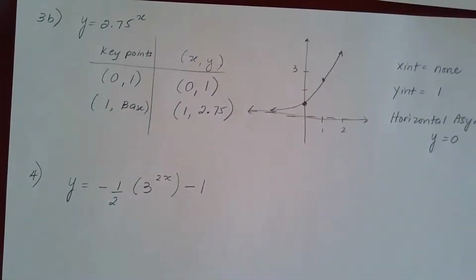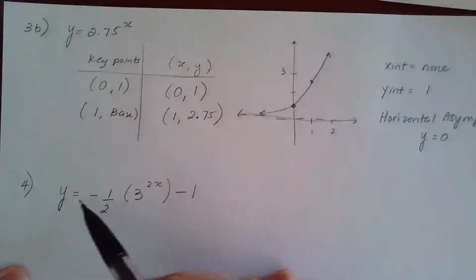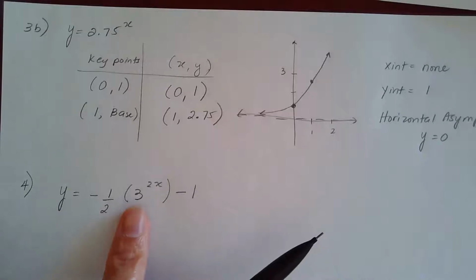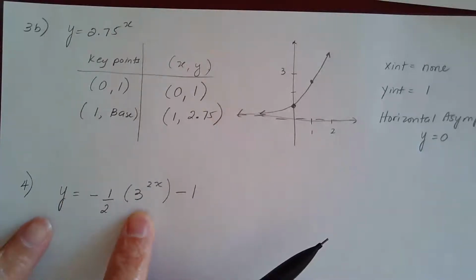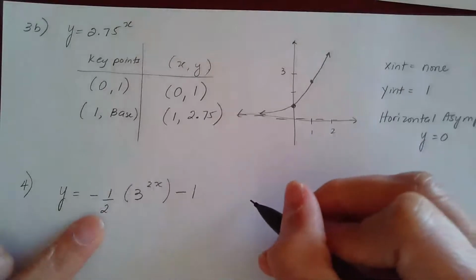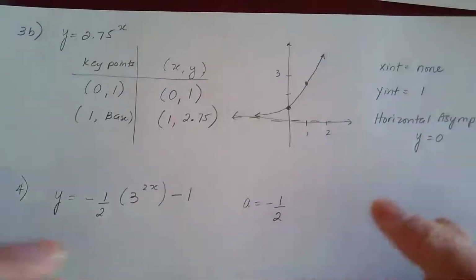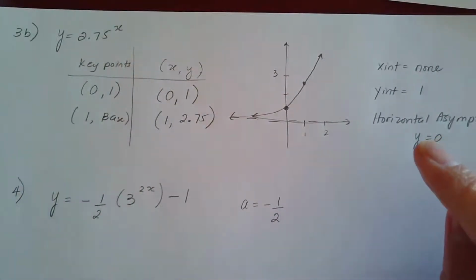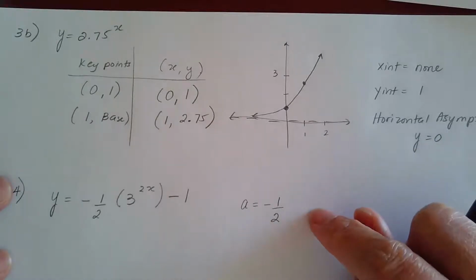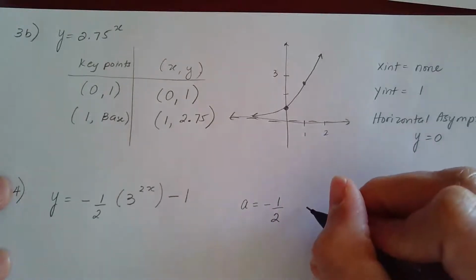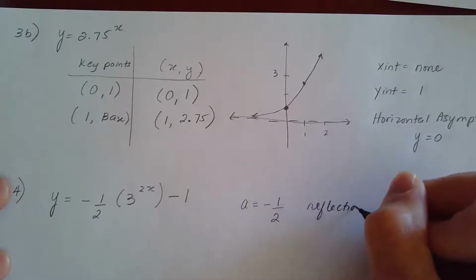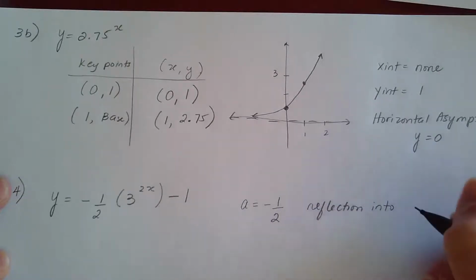Now, before I go on to this one, I want to say, well, what's going on in here? The basic exponential function is y equals 3 to the x. Now we have a equals negative 1/2. So that means there's going to be a vertical reflection in the x-axis.